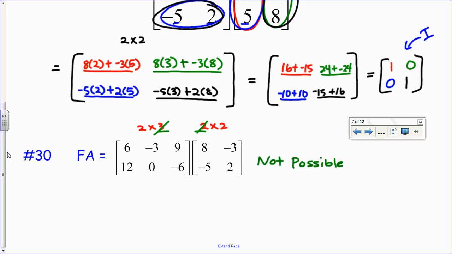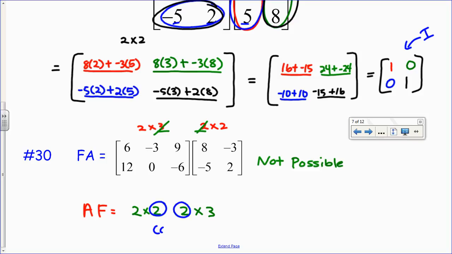But what if I switched the order and I wanted to do AF? Okay. Then I'm doing a 2 by 2 and a 2 by 3. Okay. Now those are the same, and you could multiply.